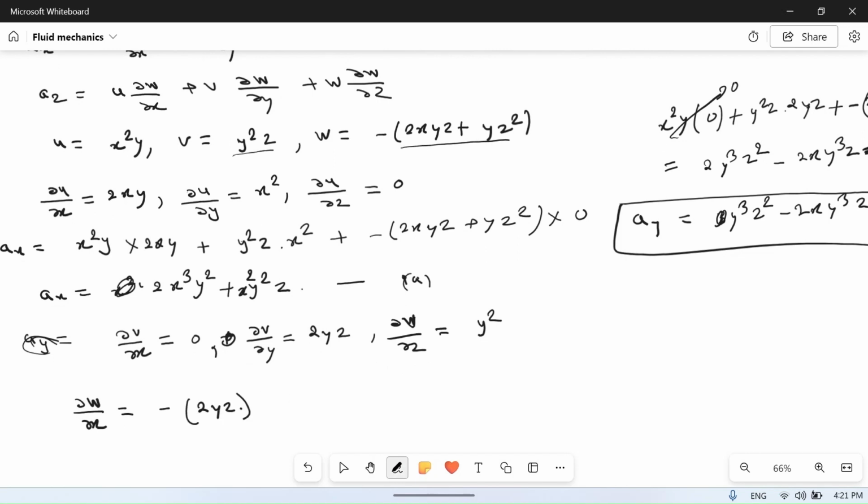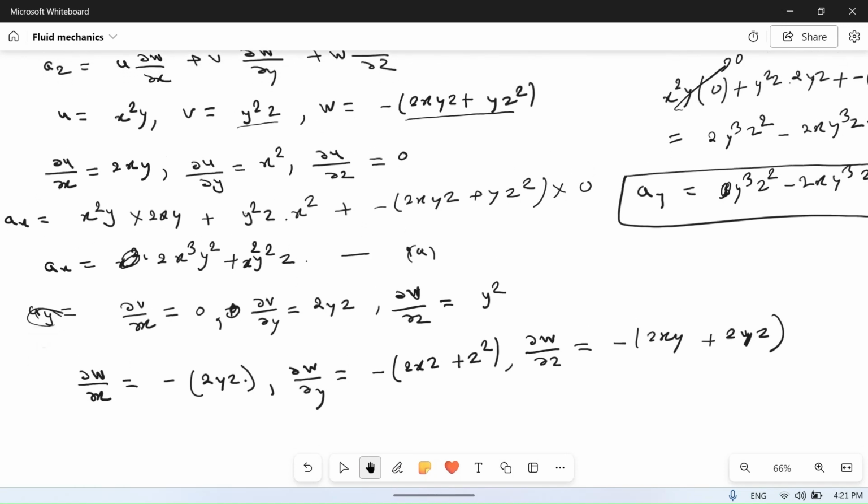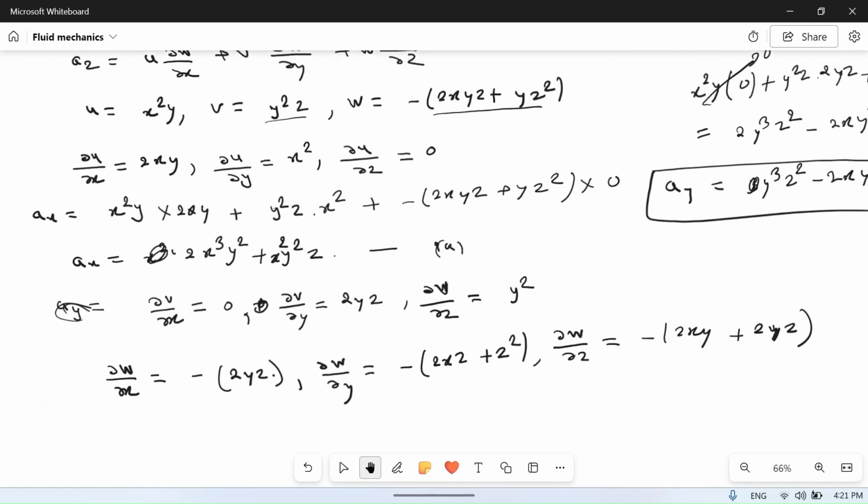Del w upon del y will become minus 2xz plus z square, and del w upon del z will become minus 2xy plus 2yz. Okay, so az will become u into del w upon del x.